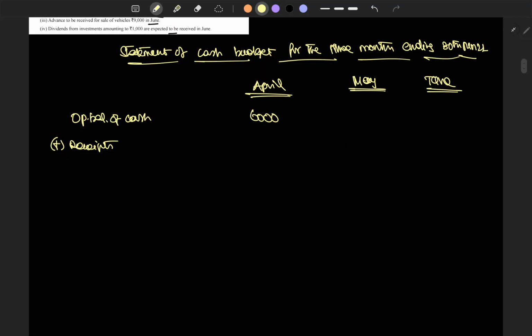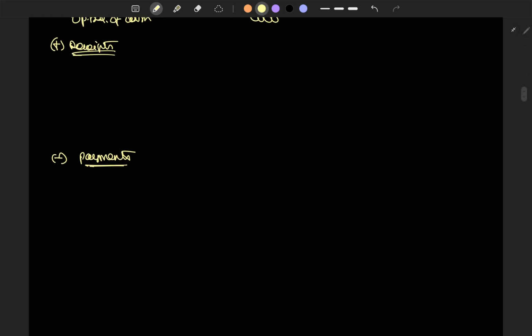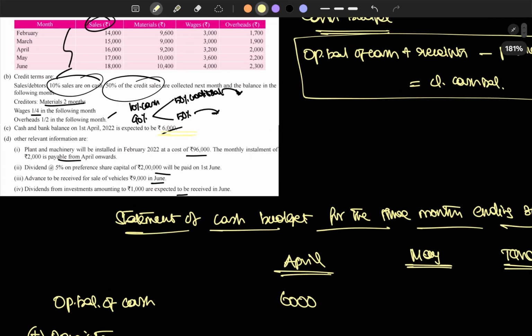We'll leave a few spaces here, and we'll start with payments, and then we leave a few spaces here, and then the closing cash balance. Now what items were given in the question?